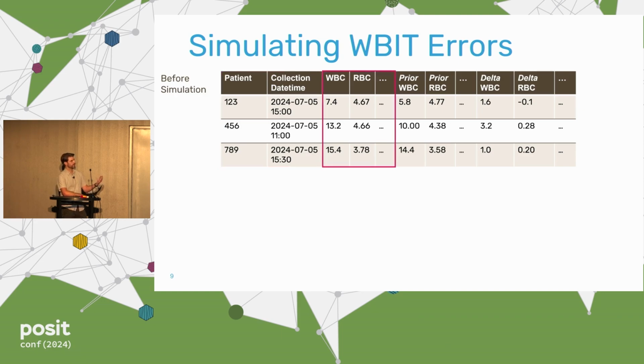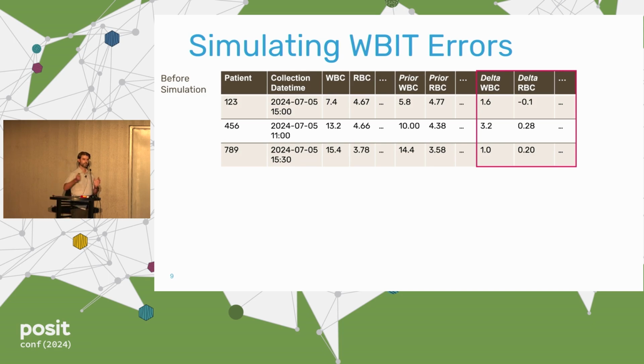We also have the actual results from the blood test, so white blood cell count, red blood cell count, 12.5 other results. Then for every sample, for every patient, we grab their previous sample, and we get their previous results. And then we take the difference between those two results across all of the analytes. Remember, this is our multi-analyte approach. And these deltas actually form the predictors in the model.